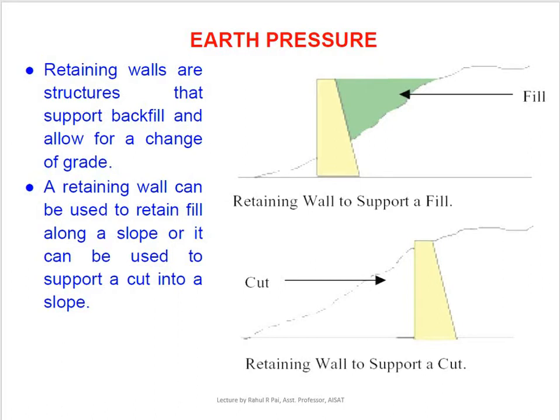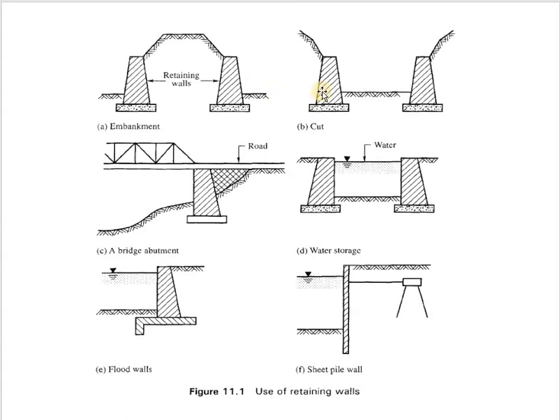So now let us go on to the next section, that is types of retaining walls. Here we can see why the retaining walls are used, and based on the purpose, what the different types of retaining walls are. The first one here is an embankment.